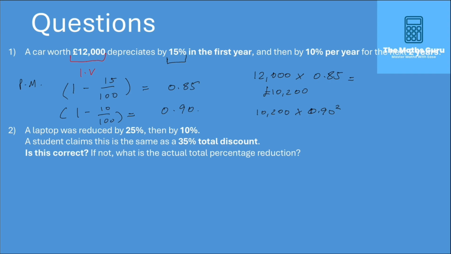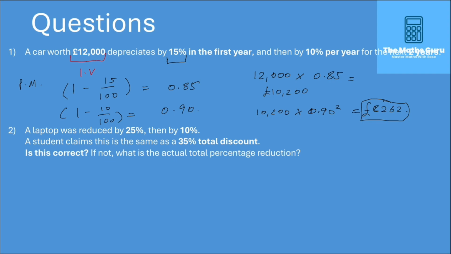So 10,200 times by 0.9 squared will tell us the value that we need to know after 3 years. And that is the value of our car, £8,262.